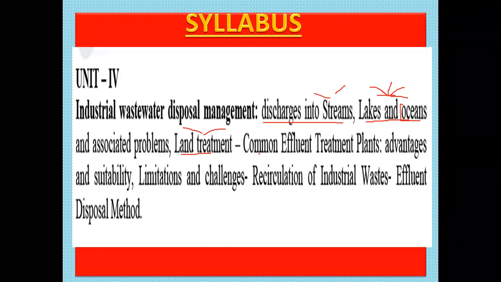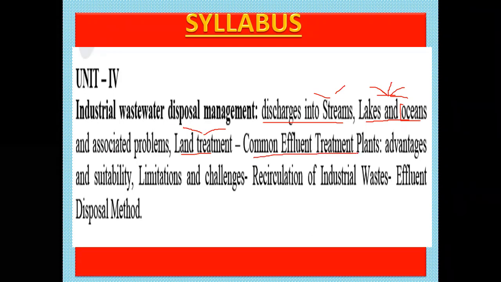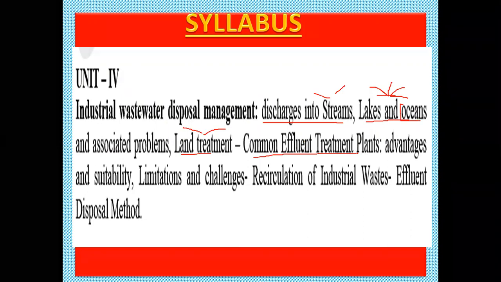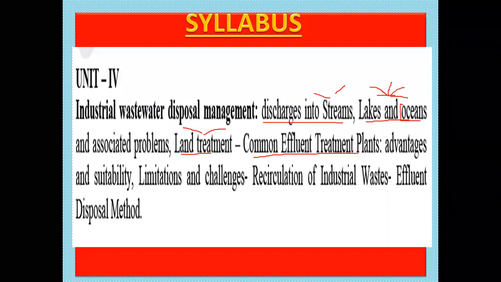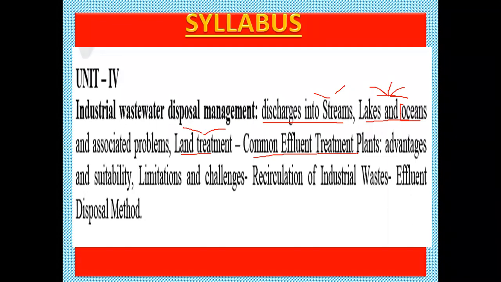Okay. And the common effluent treatment plants. Whenever they ask the question, take any industry or describe common effluent treatment plant with a case study, or they may say take an industrial example and draw the flowchart of common effluent treatment plant.